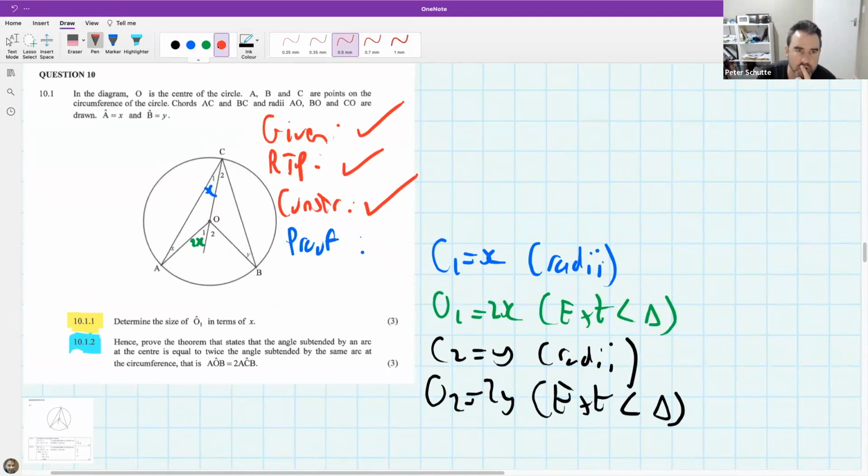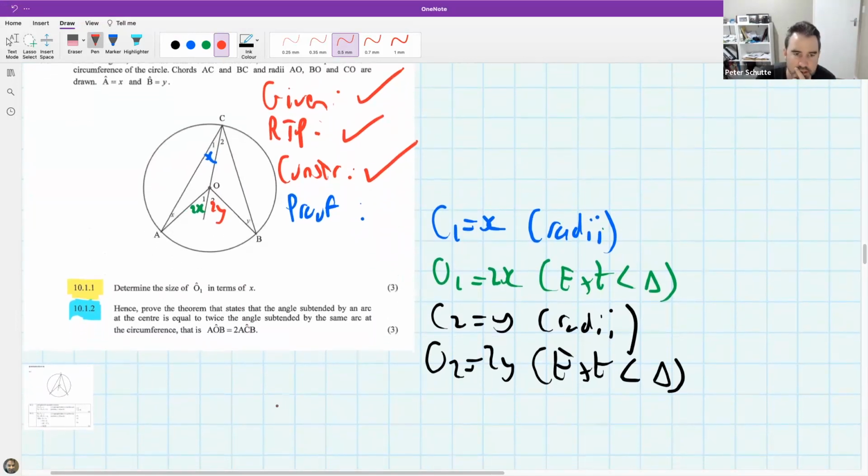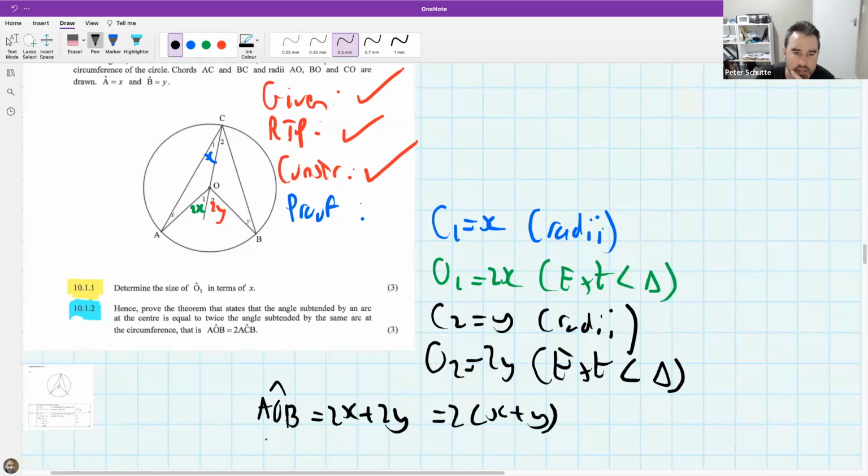So we know that this is 2y. And then we can say AOB is equal to 2x plus 2y. And we know that ACB is equal to x plus y.